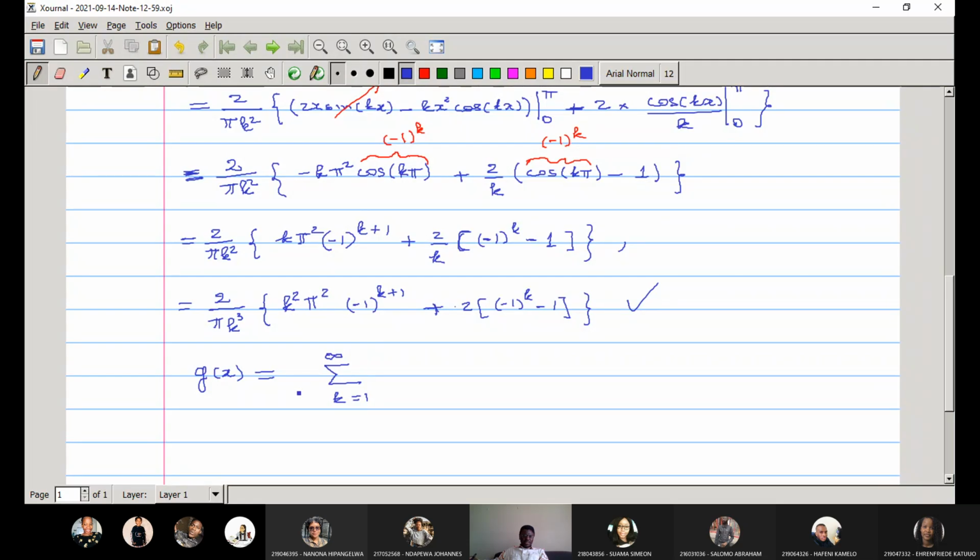So this is a factor you can take. It does not depend on k. That is 2 by pi. This one you can leave it there. Now this k cube, we can take it inside, or we can leave it there.